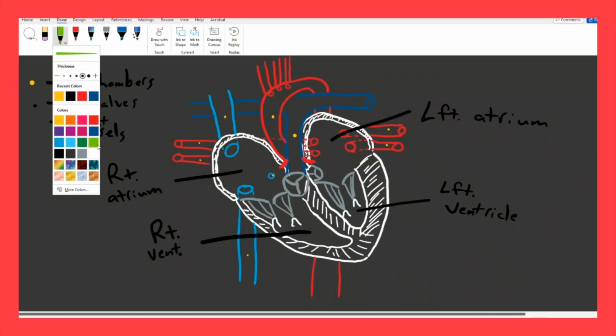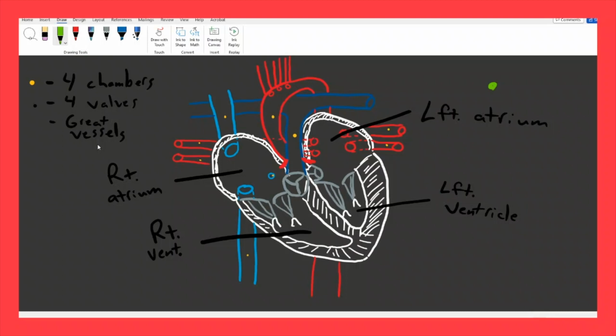At random, and I'll use a green dot so it stands out a little bit to start out here. Pick one of these heart chambers at random. And let's pick, just because it's nice and big right here, the right atrium. That's where we will start. The right atrium.